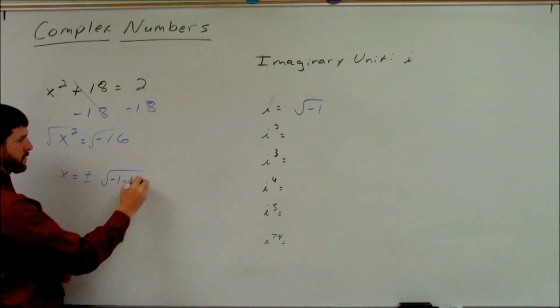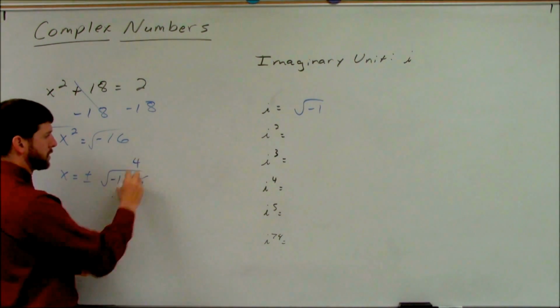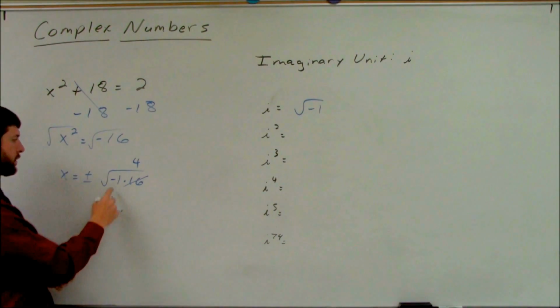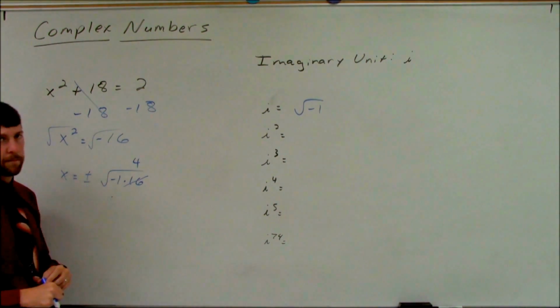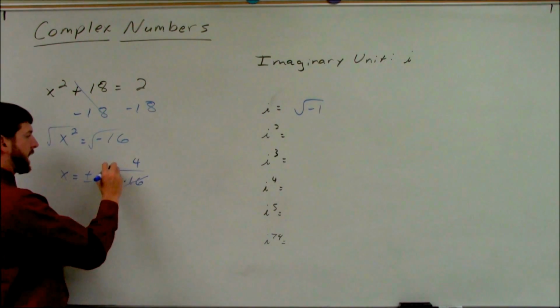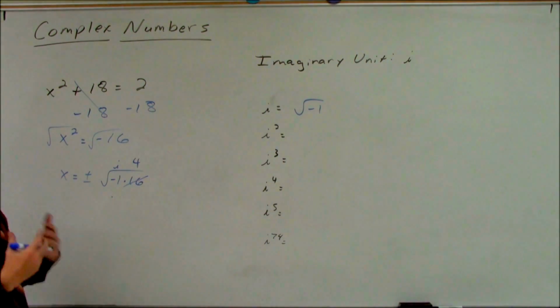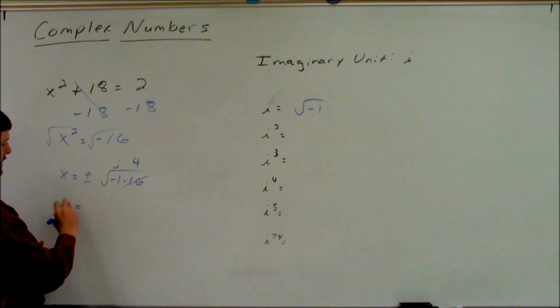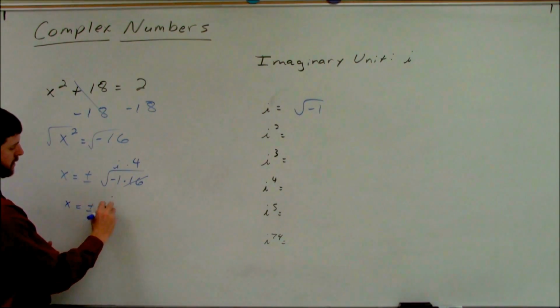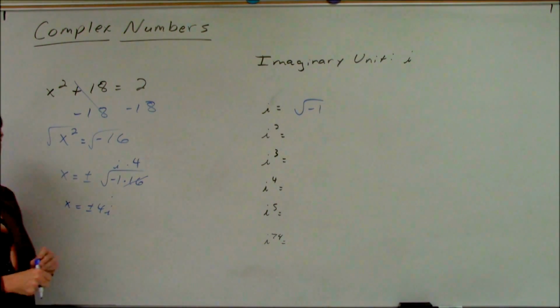Well, we know the square root of 16. That's no problem. That's 4. It was the square root of that negative 1 that was always the issue. And he said, let's just define the square root of negative 1 as i, so that I can say x is equal to plus or minus 4i.